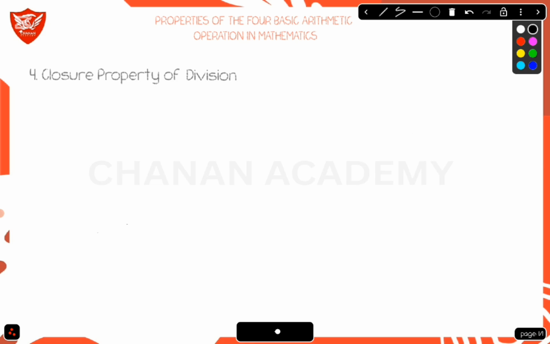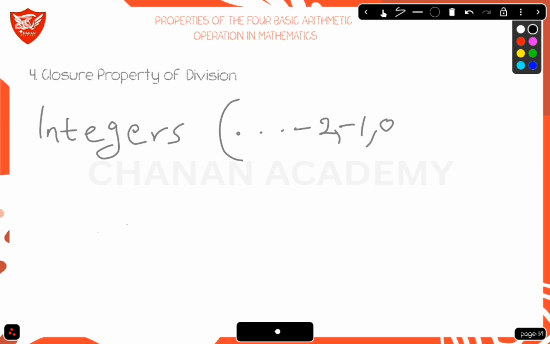Or let me just keep that: integers assume values like minus 2, minus 1, 0, 1, 2, and so on.